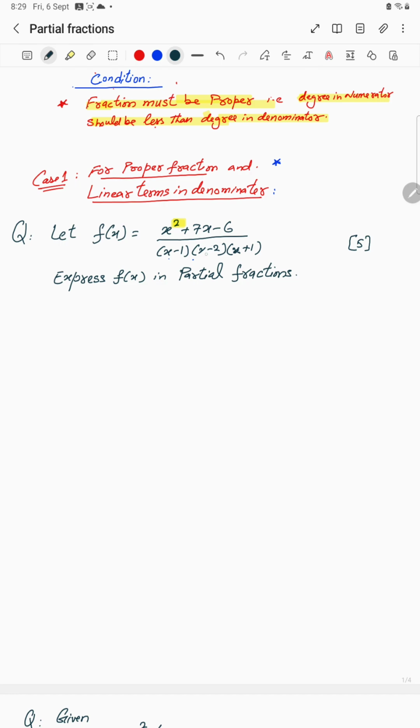Whenever you encounter linear terms in the denominator, we resolve the given fraction, x minus 1 times x minus 2 times x plus 1, like this: we always use a single capital letter, A divided by the first linear term, plus B divided by the second linear term, plus C over the third linear term.